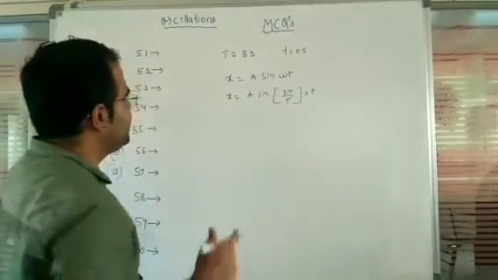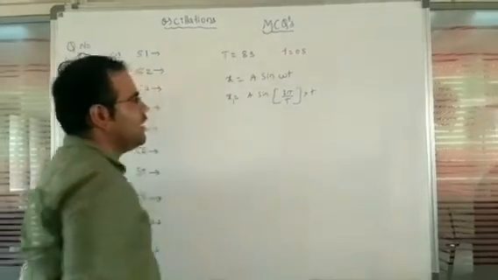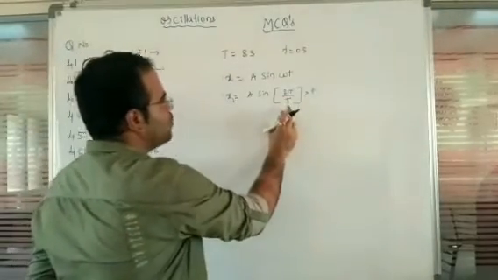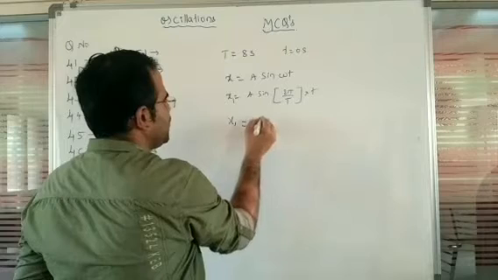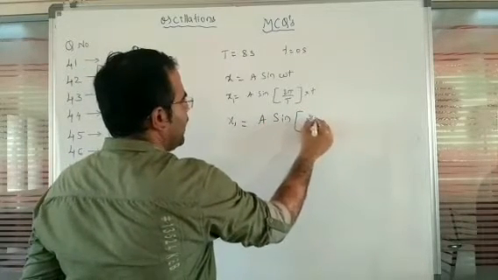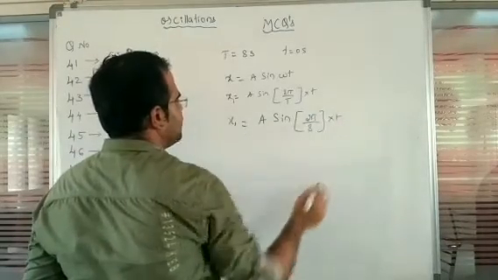So you have to identify the distance traveled in the first second, that is given by x1. So x1 is equal to A sine of 2 pi divided by T into t value. In that one, x1 is equal to A sine of 2 pi divided by 8 into t. So these are the values.